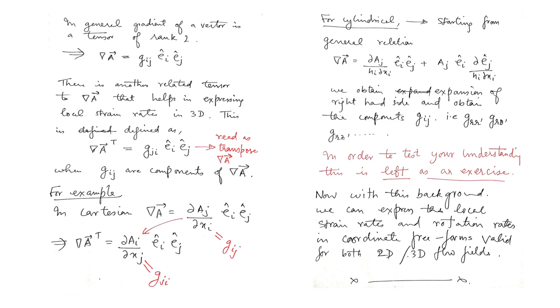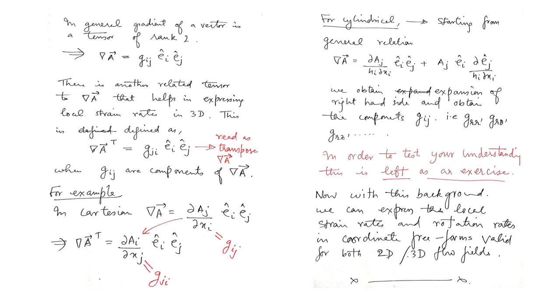You can just work out these two terms, term 1 and term 2, in your cylindrical coordinate system, and once you get that, you can finally obtain the components Gij. That means after the expansion is done in cylindrical coordinates, you can find out the expressions for grr, g r theta, grz, and so on, in terms of these vector components and partial derivatives. So this is left as an exercise for you to do yourself.